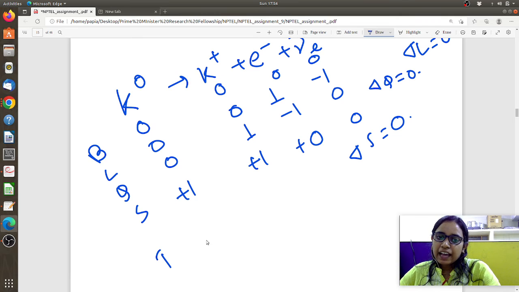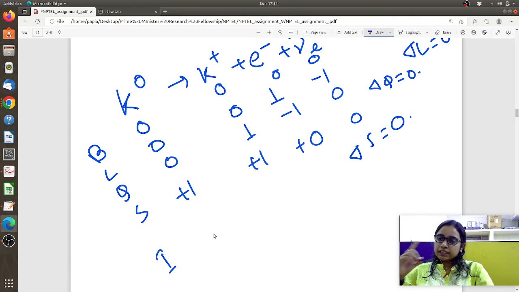Now coming to the I part. But one thing I can tell you here is that in that expression nu e bar is an outgoing particle.